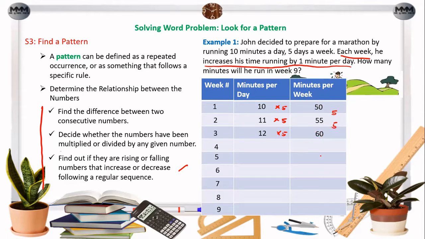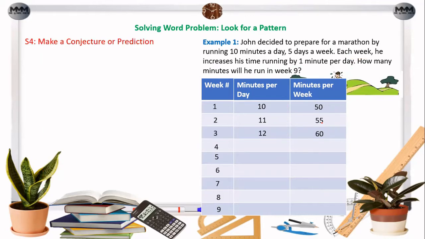So in this case, we have found out our pattern, that we just add 5 to the previous entry to get the next entry in our table.